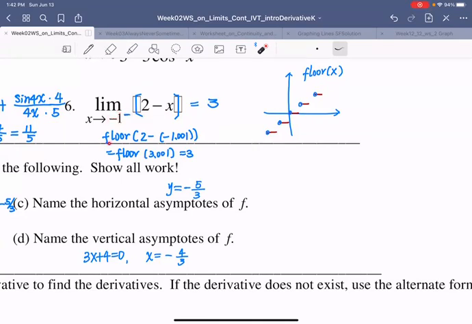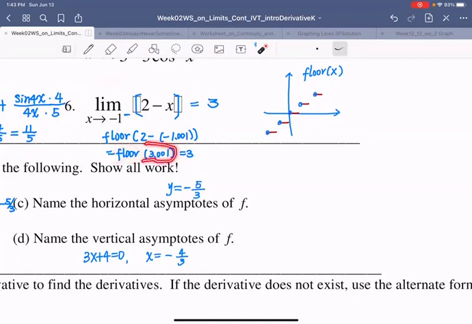For example, if we want to calculate this value, we say negative 1 approached from the left, which is very close to negative 1 but less than negative 1. We can choose a point like negative 1.001. Then 2 minus negative 1.001 is 2 plus 1.001, which is 3.001. And you choose the floor.